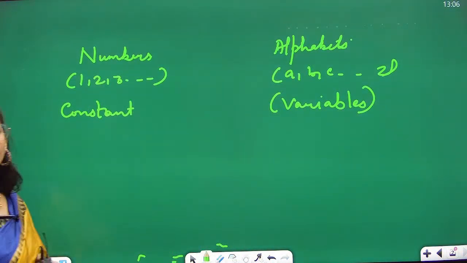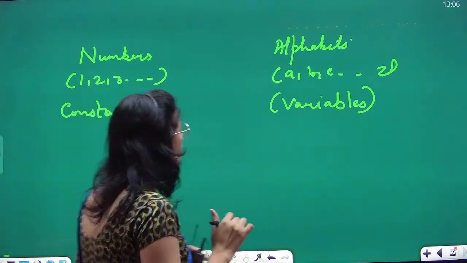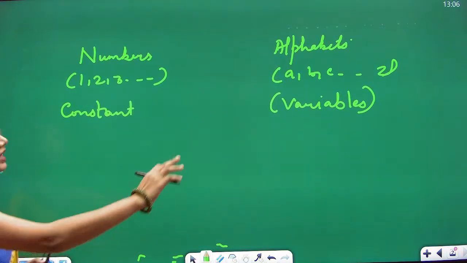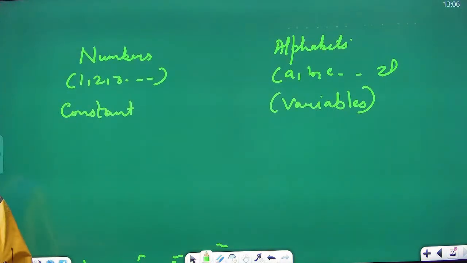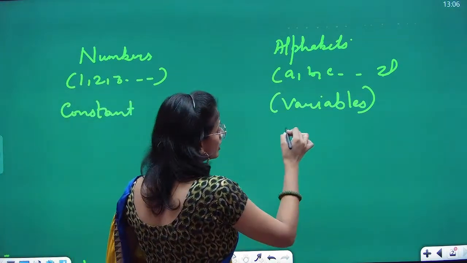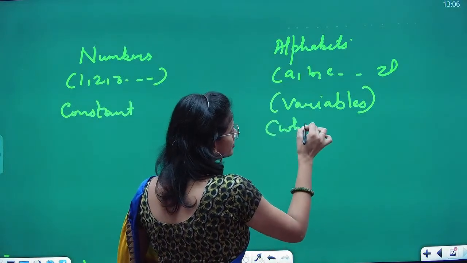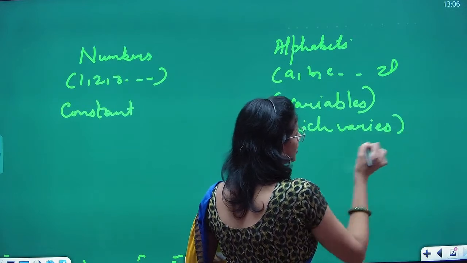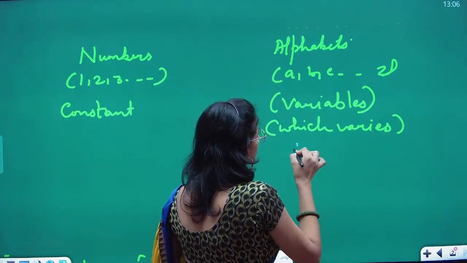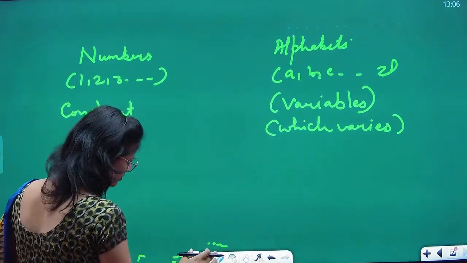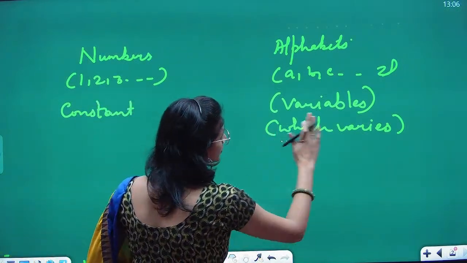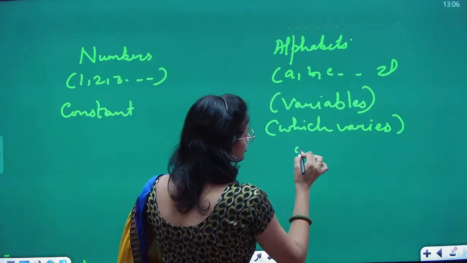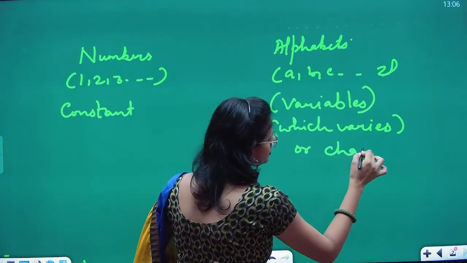Constant means a fixed numerical value that we can't change. And variable, as per the meaning of the word, is something which varies or changes.